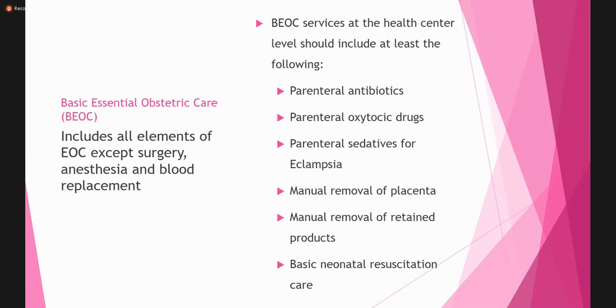So for that we need comprehensive care. Basic essential obstetric care services at the health center level should include at least the following: parenteral antibiotics, parenteral oxytocin drugs, parenteral sedatives for eclampsia, manual removal of placenta, manual removal of retained products, and basic neonatal resuscitation care.